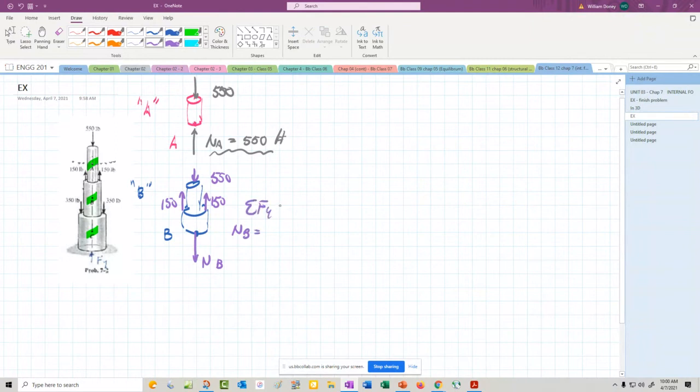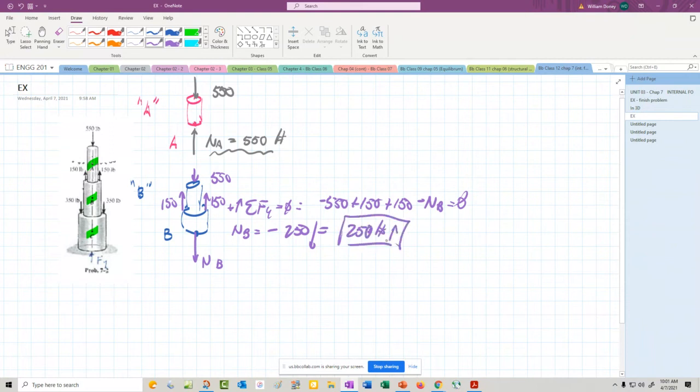And really just by summing forces in the y direction, we could get this. NB has to equal all those, so we would have minus 550 plus 150 plus 150 minus NB equals 0. NB is going to equal minus 250, which means it's the opposite direction. That means it'll equal 250 pounds up.